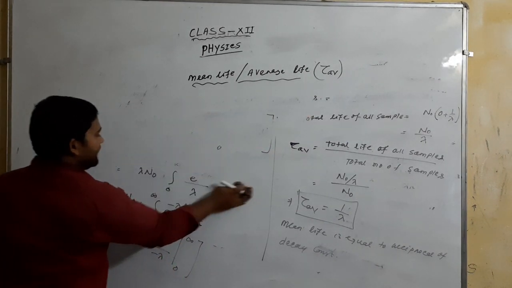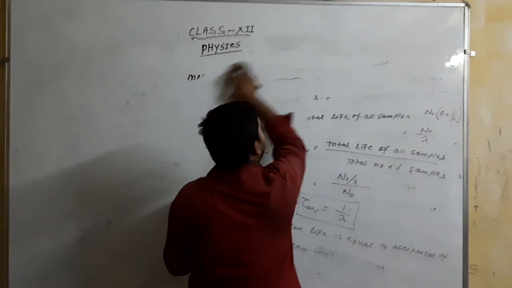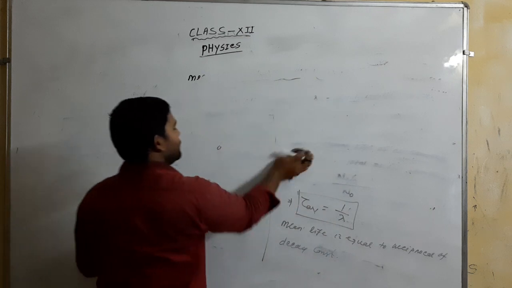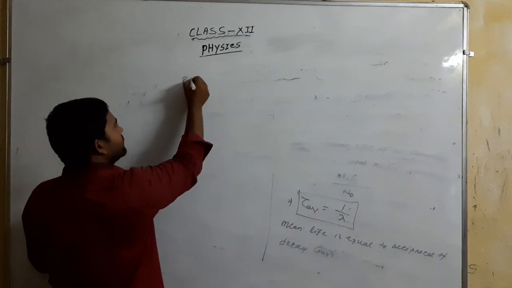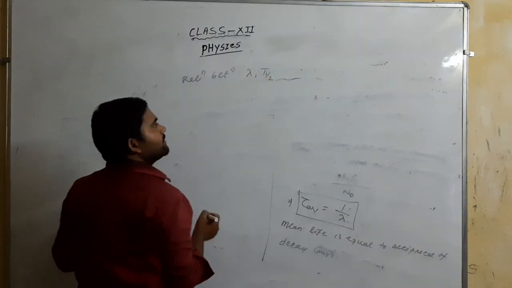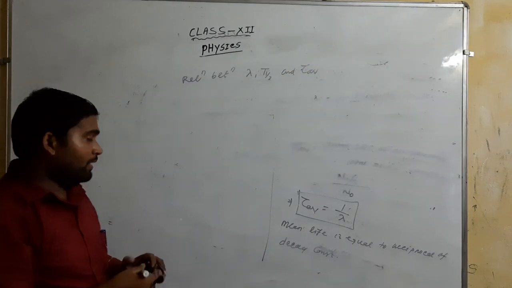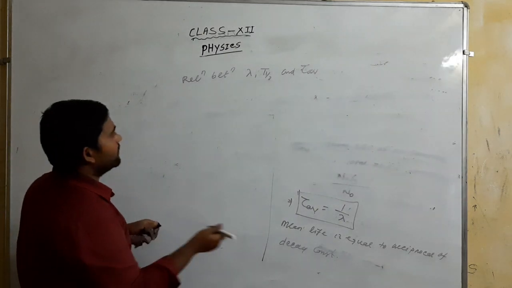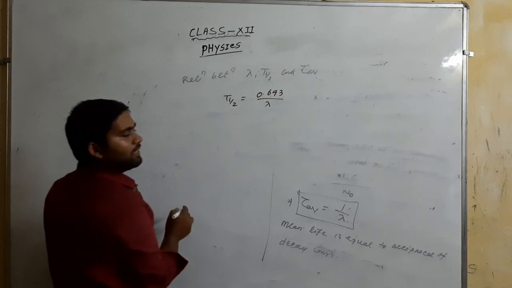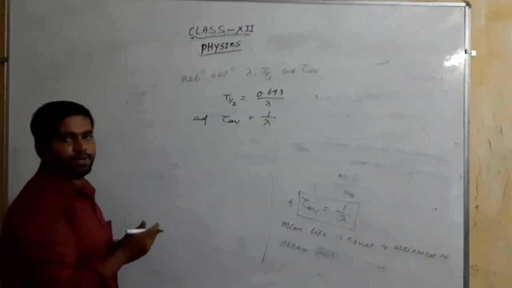Now from this we can relate half life, decay constant and mean life: the relation between lambda, T half and tau average. From the expression of half life, T half equals 0.693 divided by lambda, and tau average equals 1 by lambda.